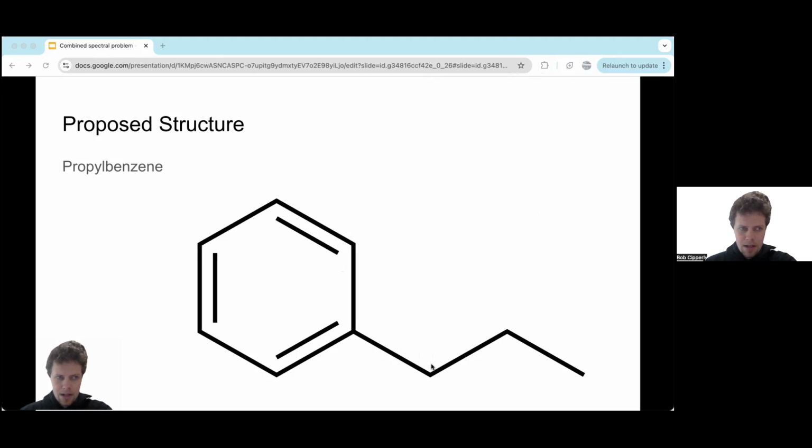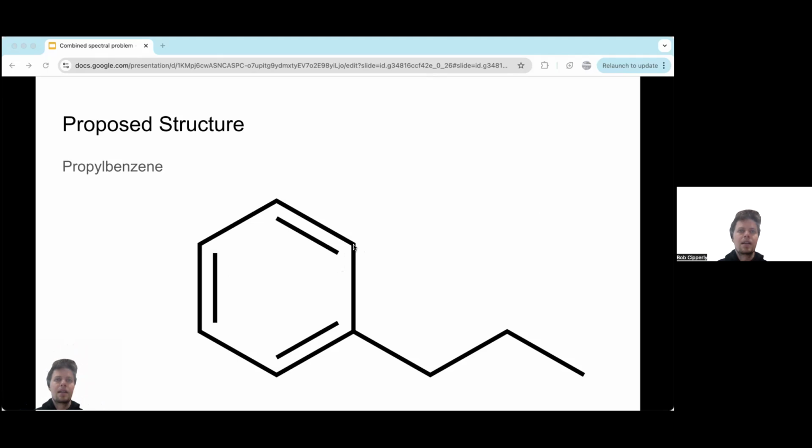With the CNMR spectrum, we have the more upfield sp3 shifts, and then we also have the signals coming from the benzene ring area, and there is some level of symmetry here, which is why we only saw three signals. One, these are similar, so it'd be two, and then three.